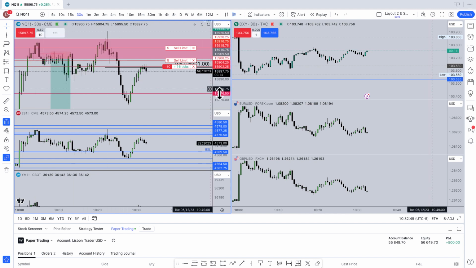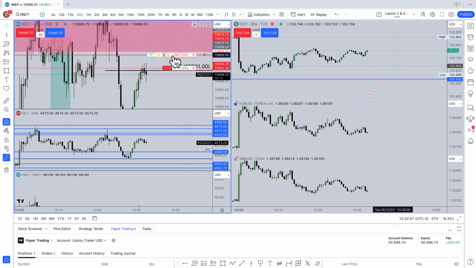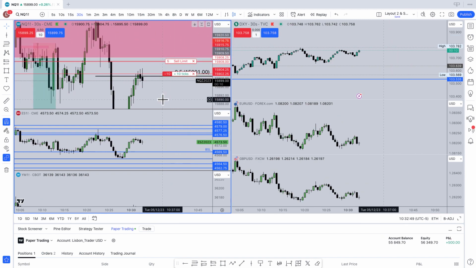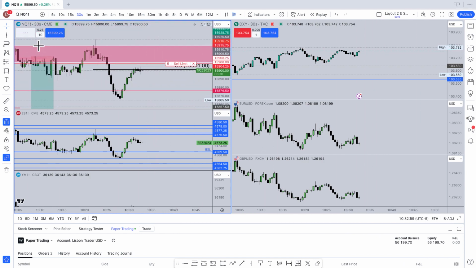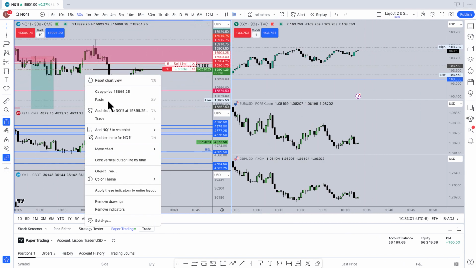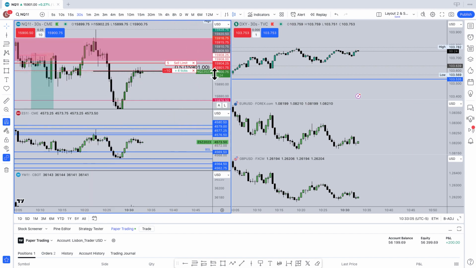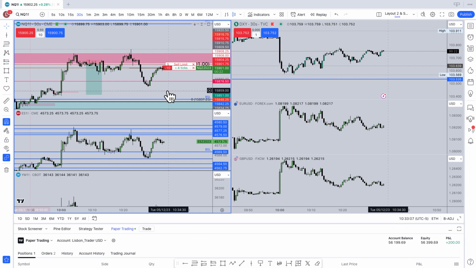Sure, if it does not want to take this as forecasted. So let's wait. Let's sell here. Why is it not pushing the sell?